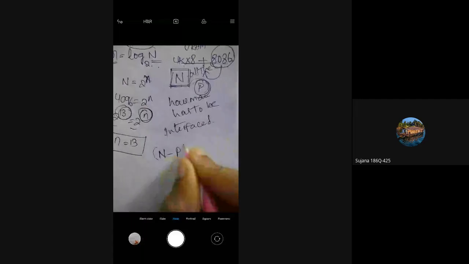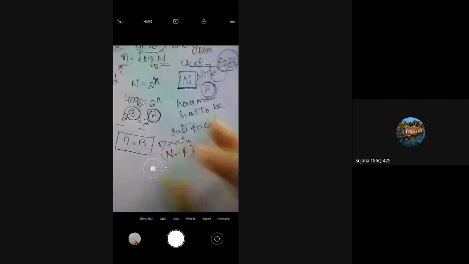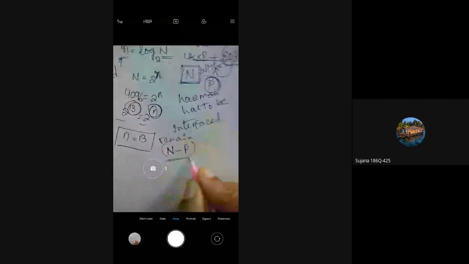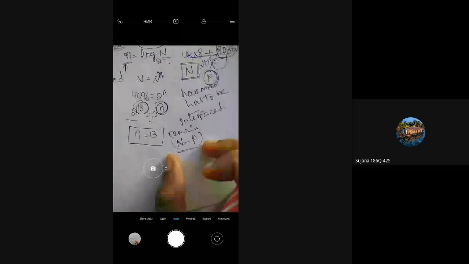The remaining locations I don't want to interface are N minus P. So totally I have N locations and I want to interface only P locations out of this N.